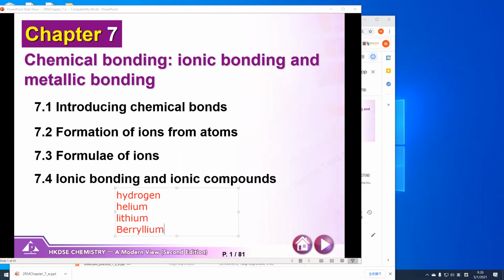Not spelled like this. Beryllium and boron. You can see we have different elements, but the world has so many different compounds.